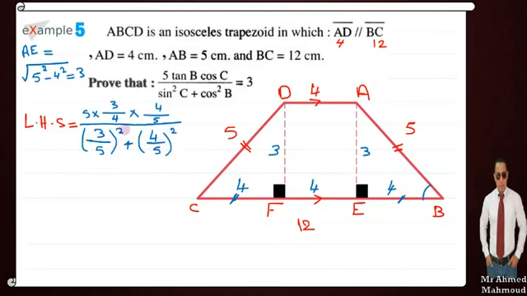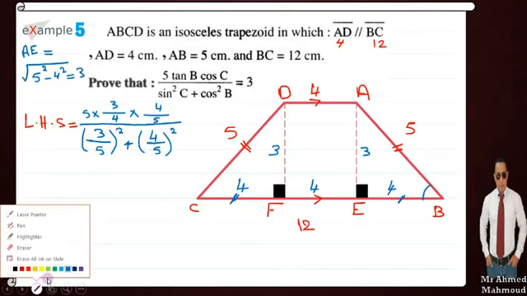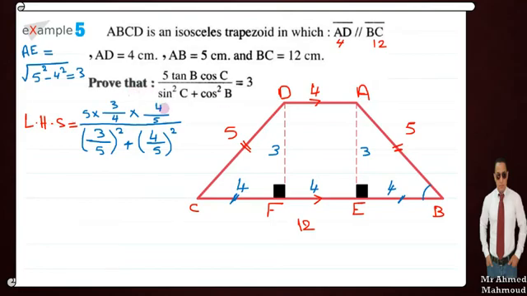You can evaluate this one by using a calculator or you can simplify, it's up to you. I will simplify. 4 cancels with 4, and 5 cancels with 5, then the upper equals 3.